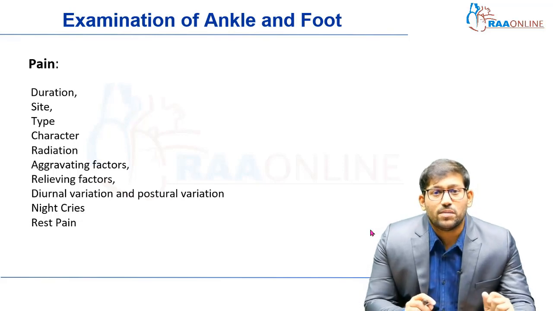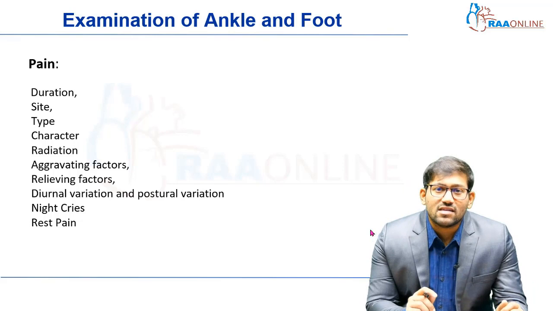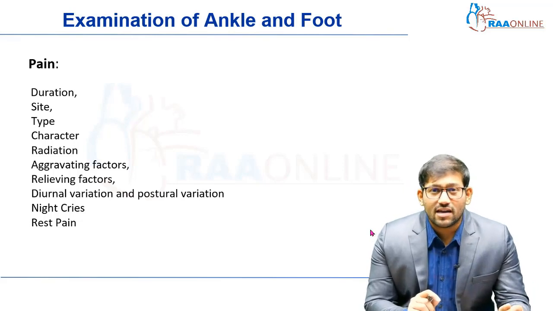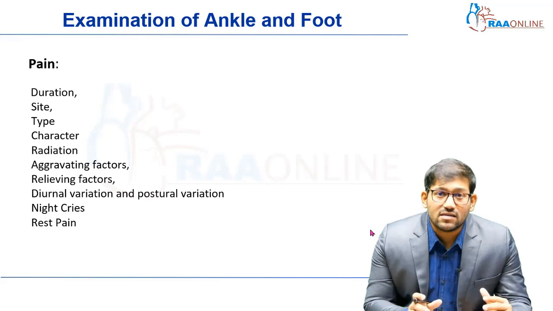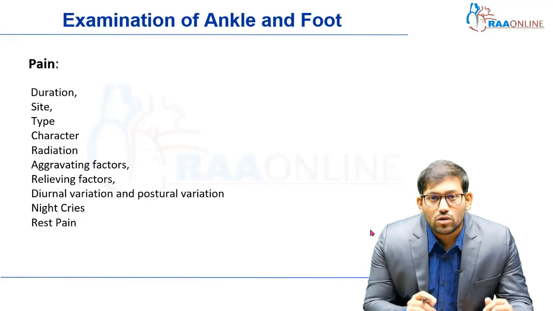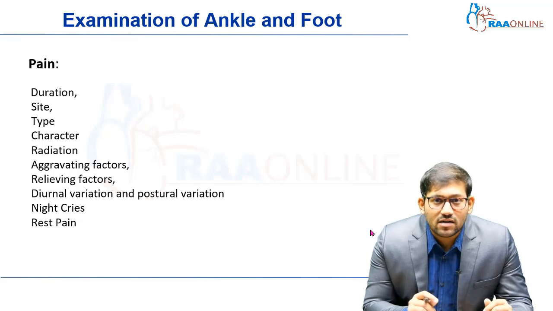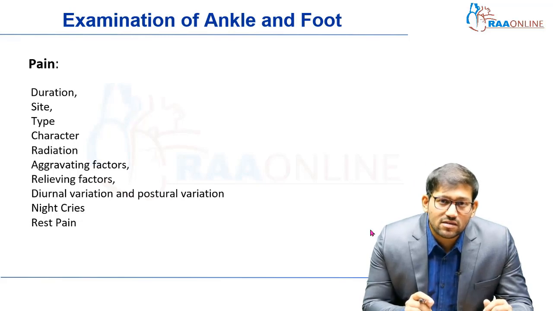The next, the site of pain. So almost always the site determines what the diagnosis is, because it tells you whether it is a soft tissue, or is it a joint issue, or is it a bony issue. So almost always a clear-cut question on where the pain is, how it occurs, gives you a thought into what the probable diagnosis is.